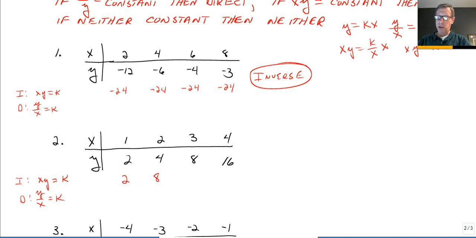Well, it's obviously not a constant, it's already changed, so I know it's not inverse. Let's try the direct. So we're going to divide y by x, and we're getting 2 divided by 1 is 2. 4 divided by 2 is 2. Maybe it's direct. 8 divided by 3 is 8/3. Nope. It's not equal to 2 there, so it's not direct either. This would be neither.